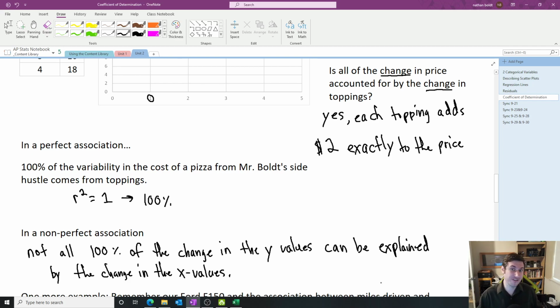But a lot of it can. How much can be explained? That is what r squared is, and that is what r squared means. All right, let's do one more example of this.